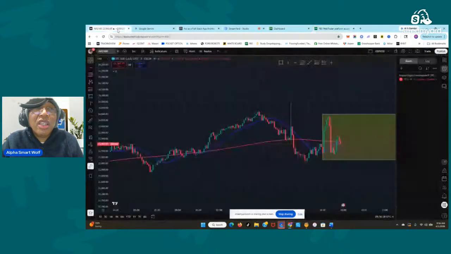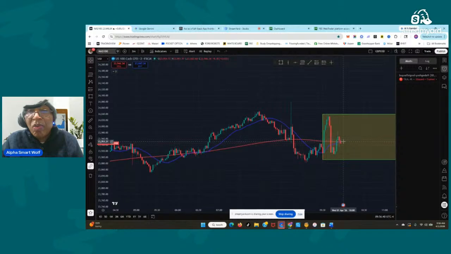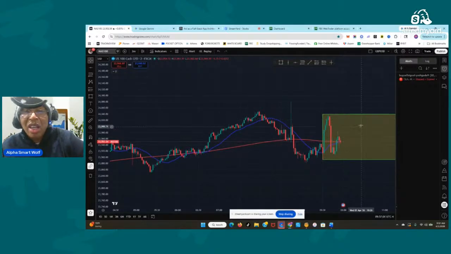Looking at this, yeah. However, they're still pushing to go up because the 20 is trying to cross the 200 like that. The 20 is trying to move away from the 200. That's what it does. They come close and then they try to move away, come back close. The market does the same.